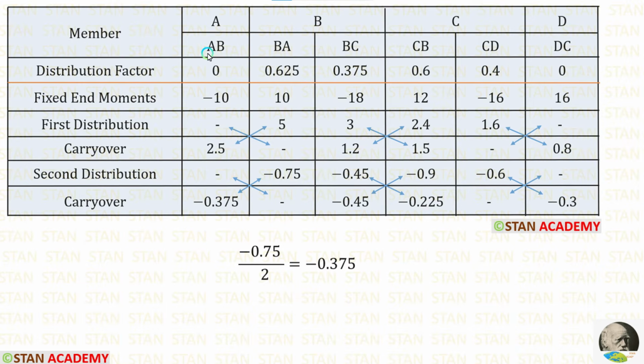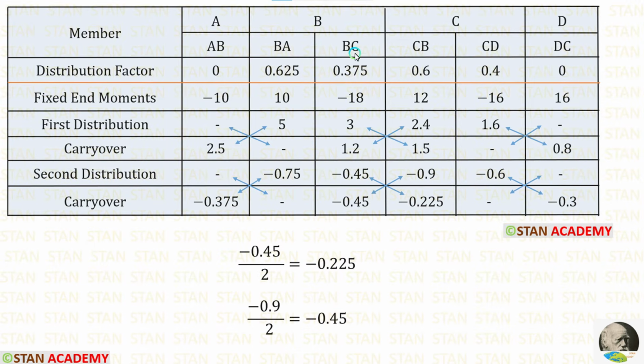First, let us make the carryover between AB and BA. For AB, there is no distribution, so we cannot make the carryover. For BA, we have minus 0.75. Minus 0.75 upon 2, we will get minus 0.375. Now let us make the carryover between BC and CB.